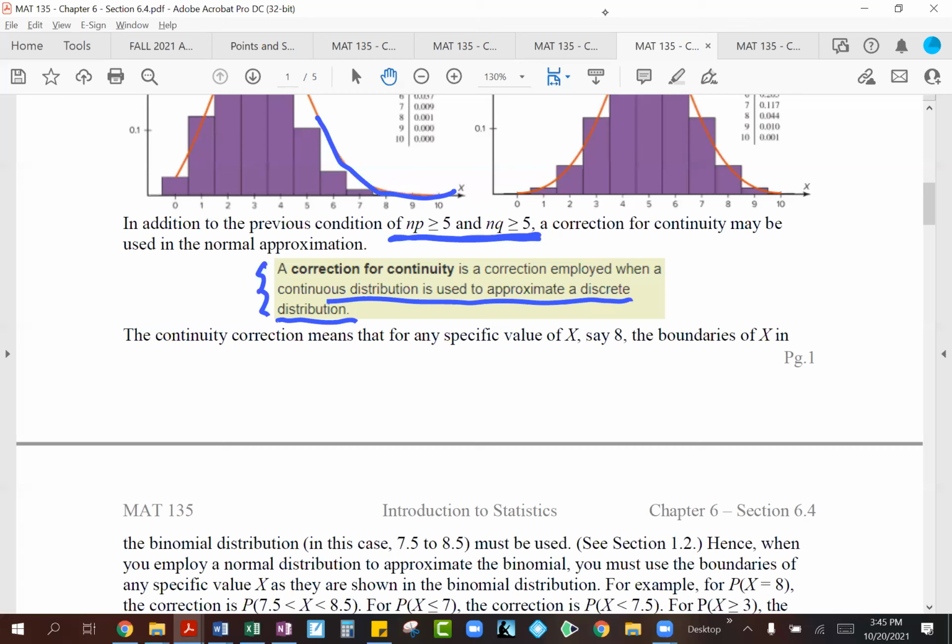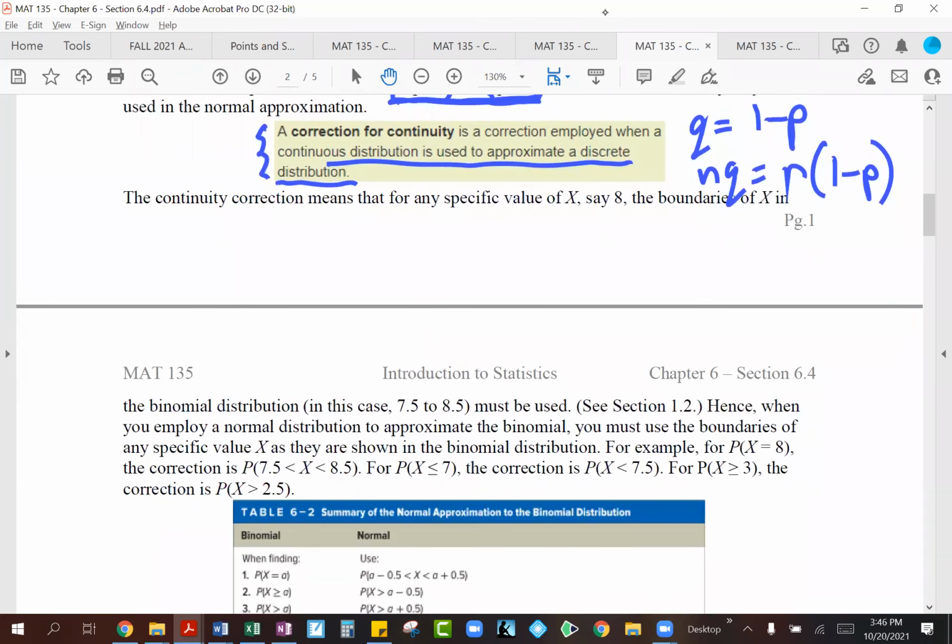When you multiply them, that number has to be greater than 5, or n times q. And remember, your q is just 1 minus your probability p. So n times q is the same thing as n times 1 minus p. That value also has to be 5 or greater than 5.